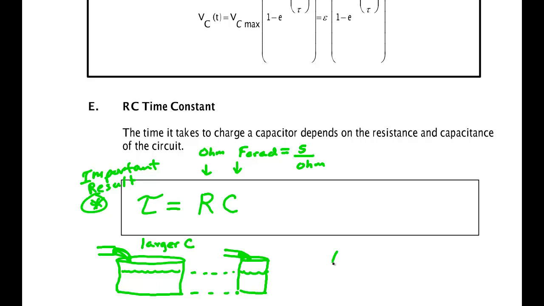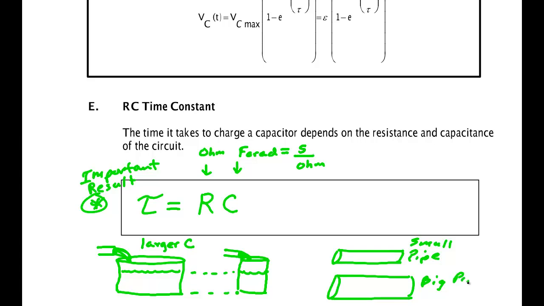Well, pipes. There's a pipe, small pipe, big pipe. The big pipe can send out a lot more water. People say it has greater conductance. That means it has a small resistance.